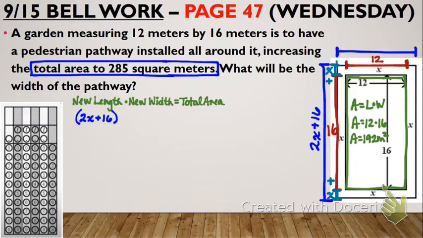And then we've got the sidewalk on either side, and we're using what to represent how big the sidewalk is? X. Because the sidewalk stays the same size all the way around this garden. So how would I represent that whole side then? If I put together the x and the 12 and the x. 2x plus 12.